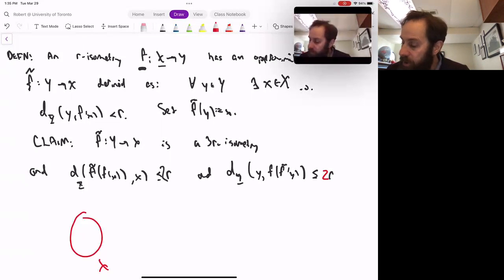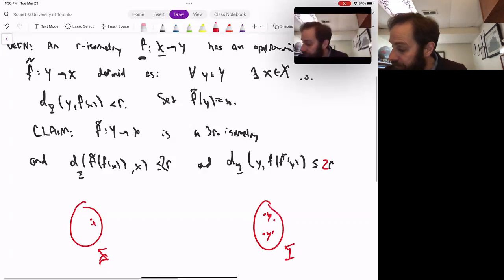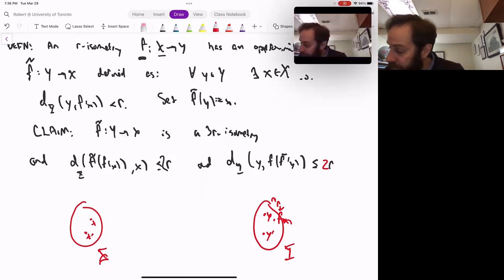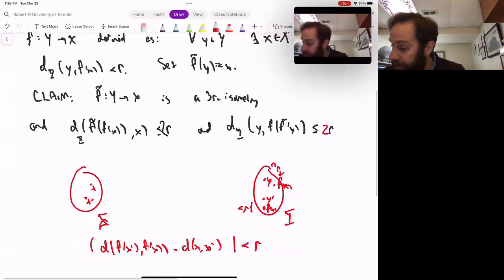So if I have my set of X's over here and my set of Y's over there, and I have an x and an F of x that's close, so this distance is no bigger than R. And similarly, I have some x prime over here and F of x prime, and this distance is no bigger than R. Then what I know is that the distance F of x prime, F of x minus the distance x, x prime is less than R. That's what it means to be an R isometry.